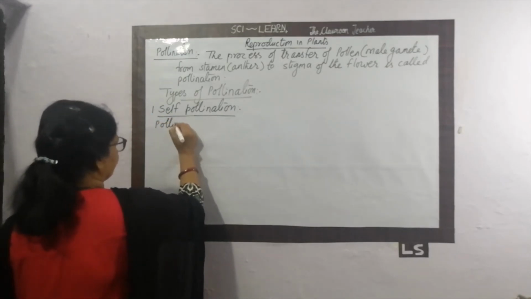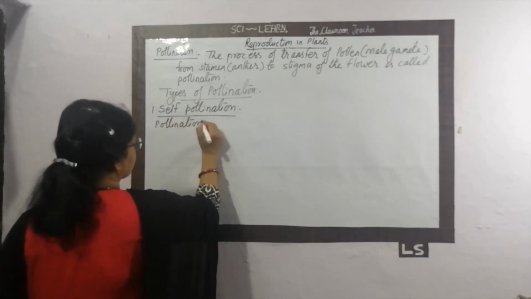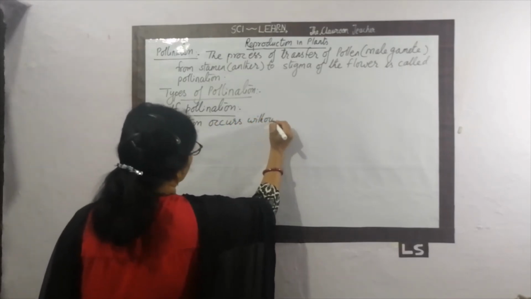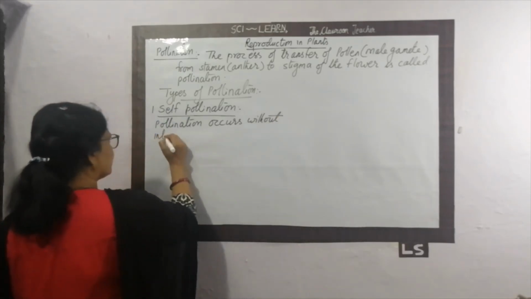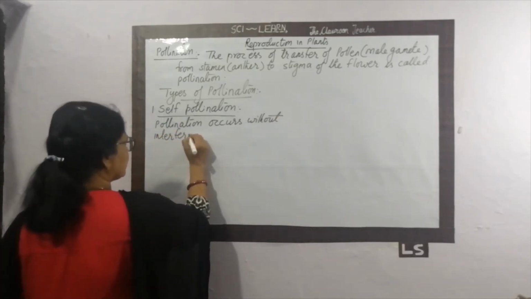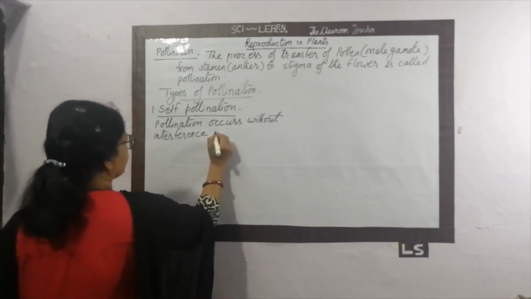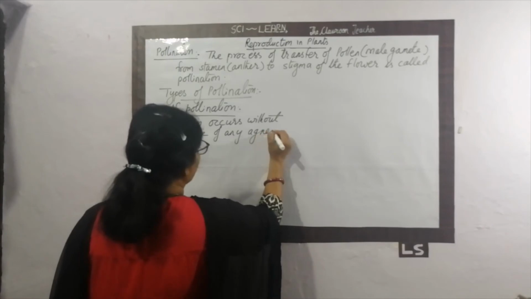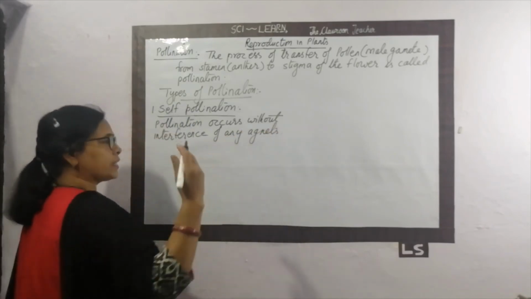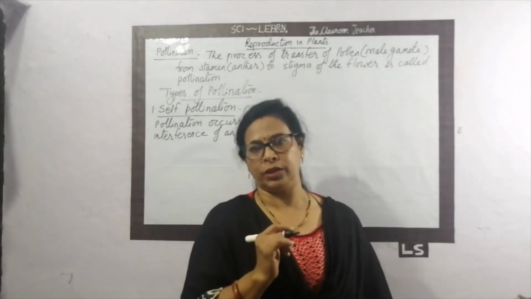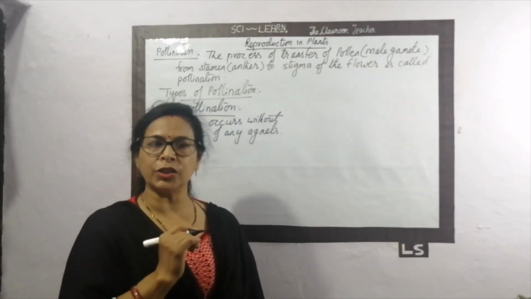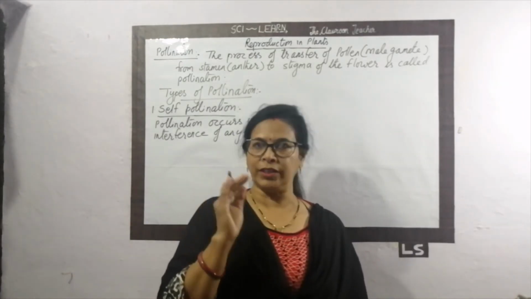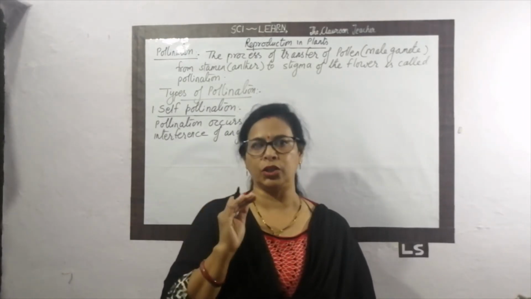Pollination occurs without interference of any agent. And what the agents are, we will study further in the next type of pollination, that is called cross-pollination. First, we have to study self-pollination. If the process of pollination occurs without the help of any agent, then it is called self-pollination.